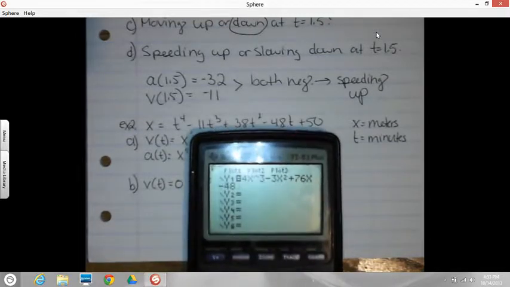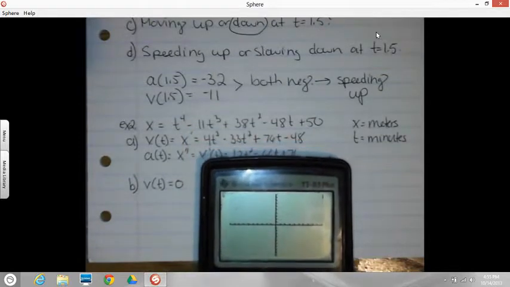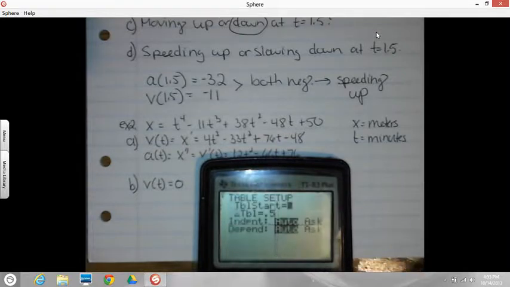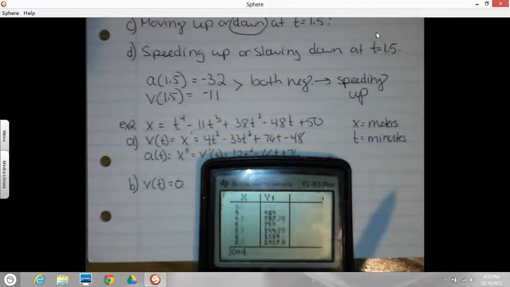Alright, I don't know how big my graph is. Let's try zoom 6 here. I see 1, but there should probably be more. Let me take a look. Table. Nope. Table. Let's see how big the numbers are getting. The y's.